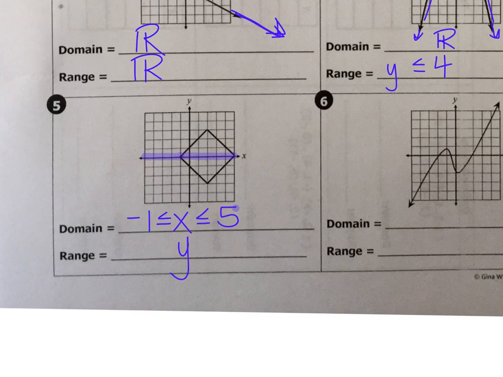The y is going to be the same way. I'm reading, and the lowest point it comes to is right there at -3. And when I keep reading, the highest point it comes to is right there at +3.